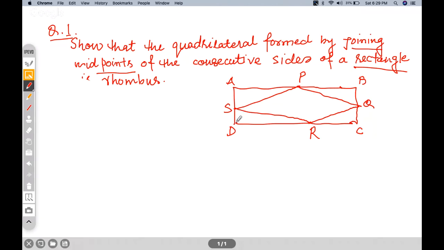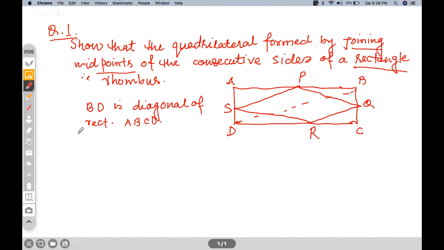Okay, so just for the sake of confirmation, what you need to do is you need to draw this. A construction needs to be done. So I am drawing BD. BD is the diagonal of rectangle ABCD.